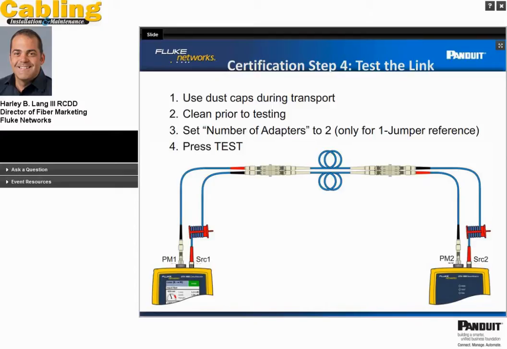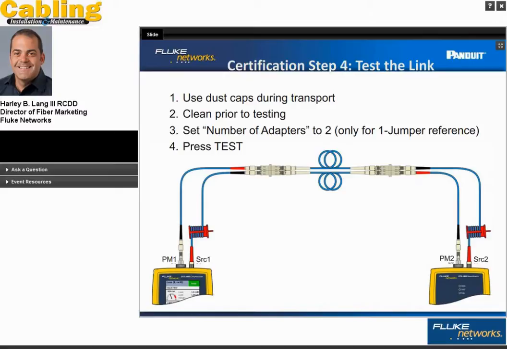You can choose the test limits from a menu that's loaded into the OLTS. In this case, the tester will prompt you for the number of adapters because we're using a TIA limit, so it's actually pretty easy to set up.